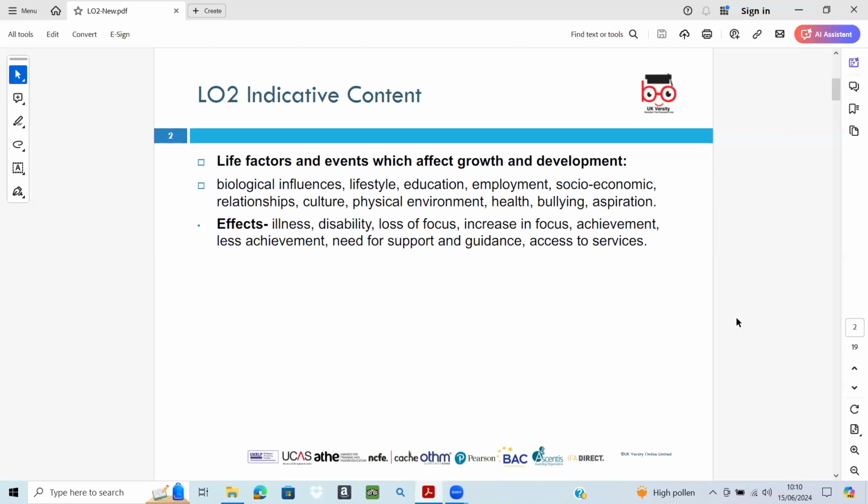Right. So human growth and development are shaped by a complex interplay of various life factors and events. If we talk about the life factors and events, we have biological factors.